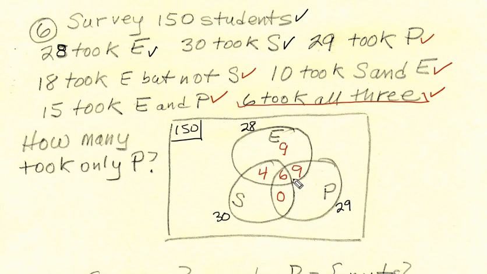And now we can figure out how many only took P. Well, here we have 15. 15 from 29 leaves us with 14. And that's what I'm going to go with for my answer.